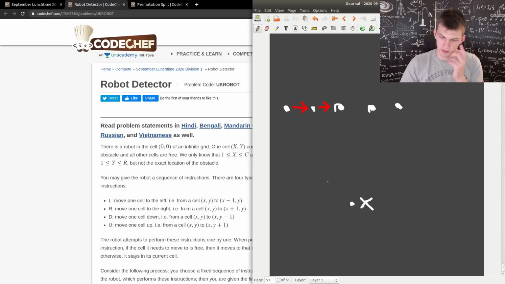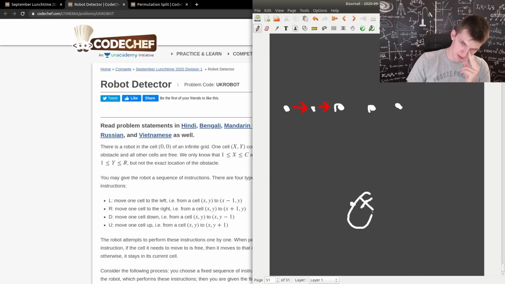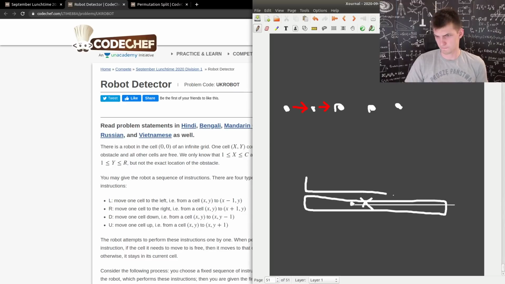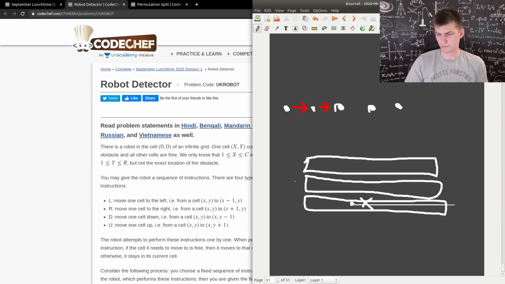if I move right left, then normally I will stay in the same cell, but if there's obstacle, then something different happens. What's up with the refreshing? Would be nice to just make this pattern.